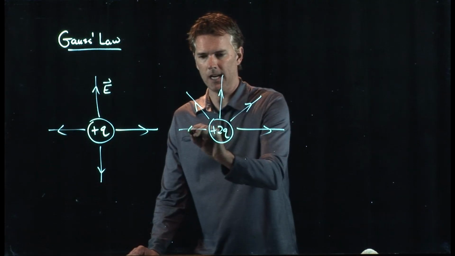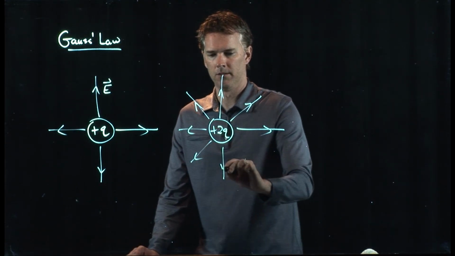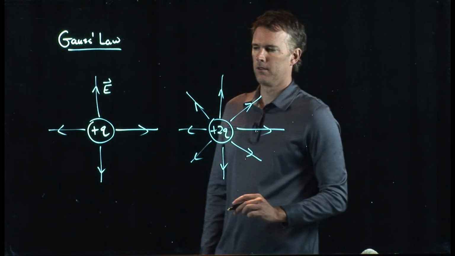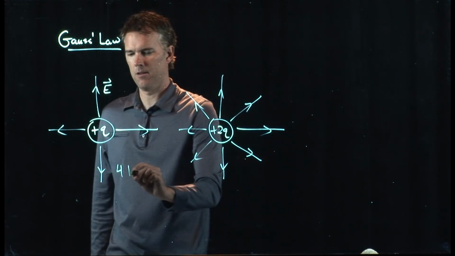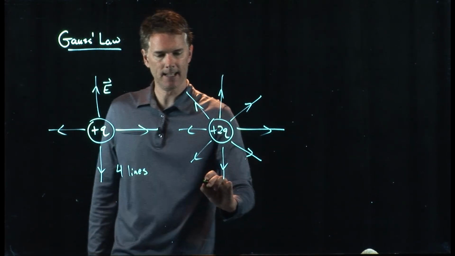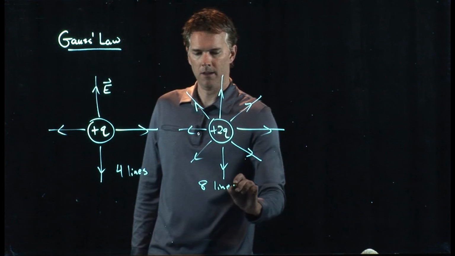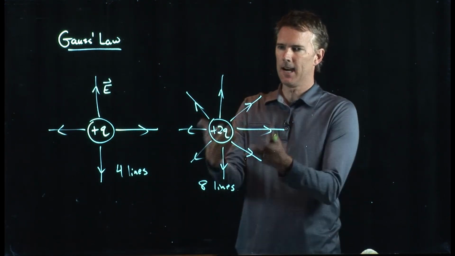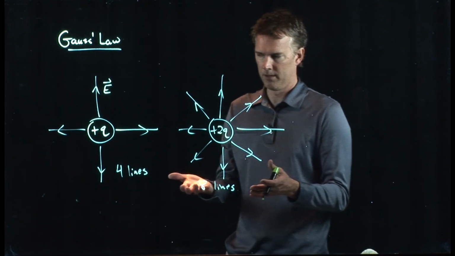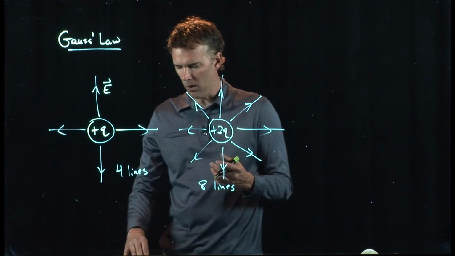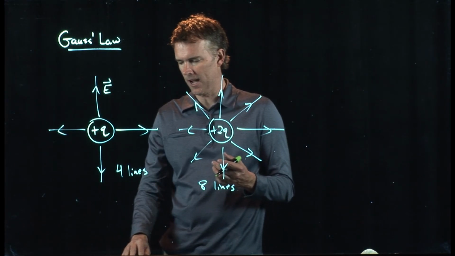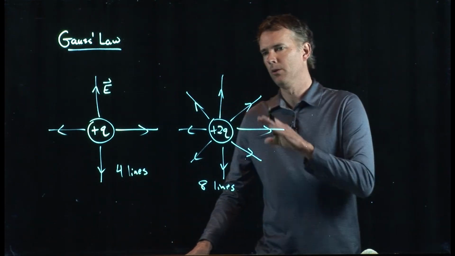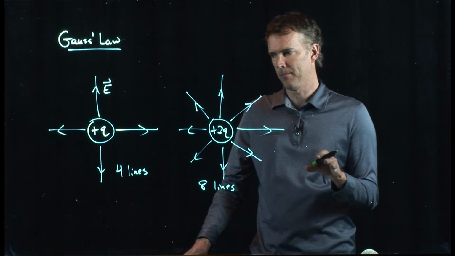We're going to get 8 lines instead of 4 lines. Okay, we had 4 lines here. Now we have 8 lines. And you can see what's happening, right? When I double the charge, I double the field lines. And this is really the whole point of Gauss's law if we do one more step.